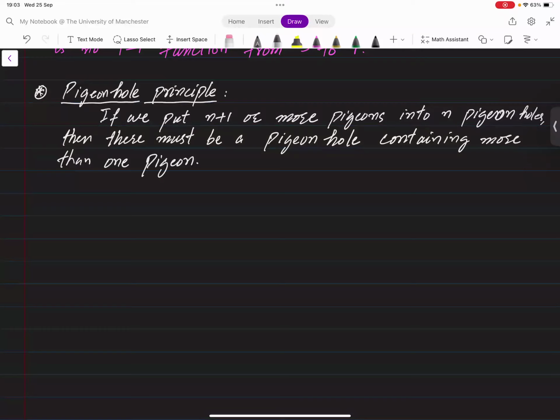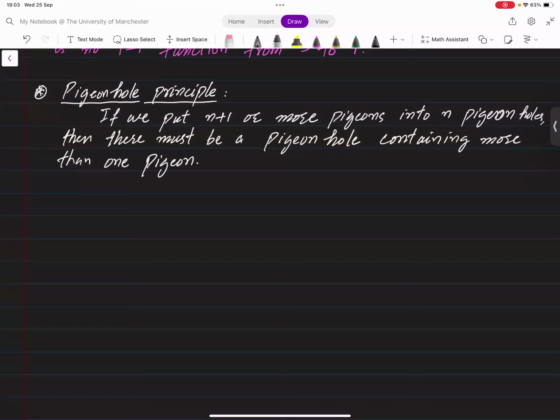Now, if no pigeonhole contained more than one pigeon, the function sending pigeons to their pigeonholes would be one-to-one. The above statement is the pigeonhole principle, and it is surprisingly useful.